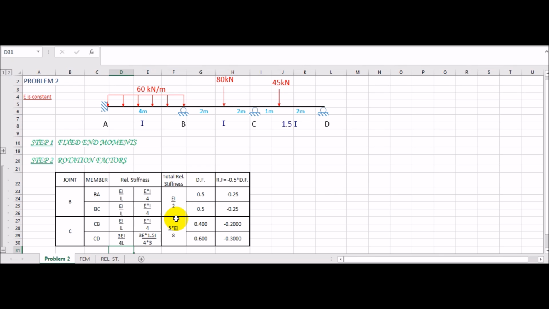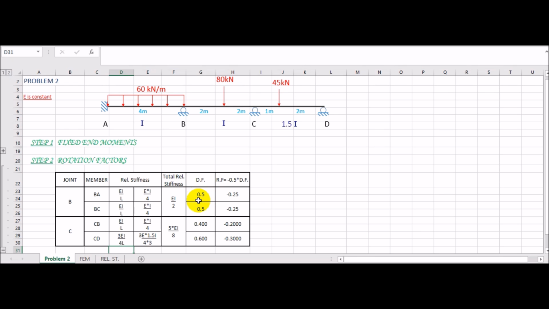Okay, and total relative stiffness for joint C is the relative stiffness of member CB plus CD. So if I add these two, I get 5 by 8 EI as total relative stiffness of C. What is distribution factor? Distribution factor is basically the relative stiffness divided by total relative stiffness. So for member BA, it is EI by 4 divided by EI by 2.